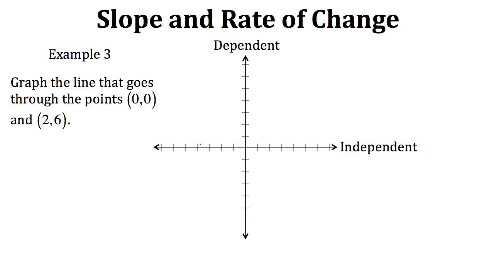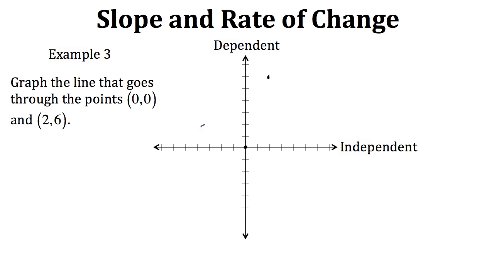So let's draw our points first. So we have (0, 0), and then (2, 6). It's about right there. Now since we have 2 points, we could define a line.